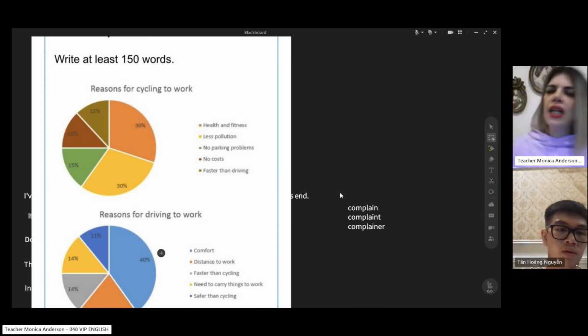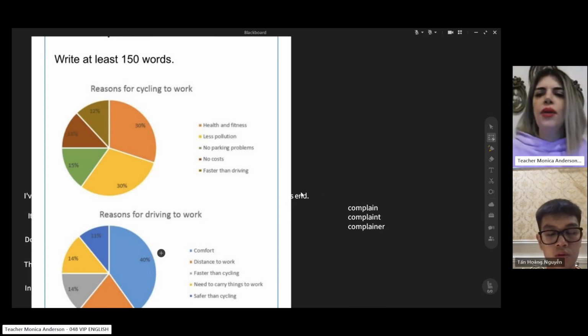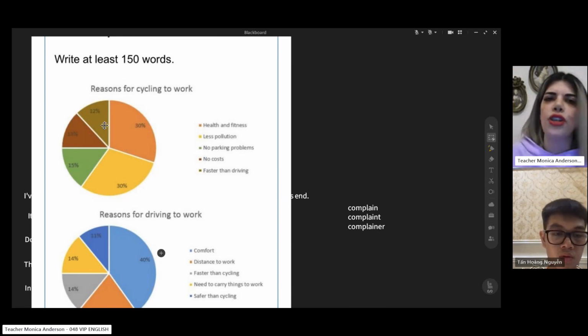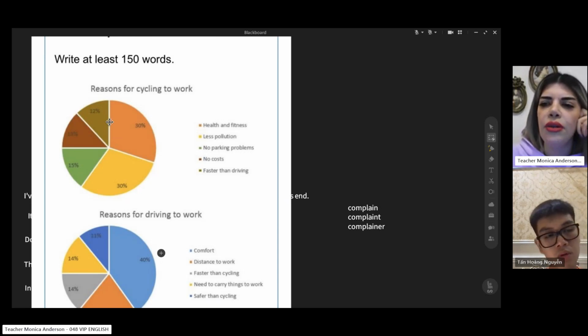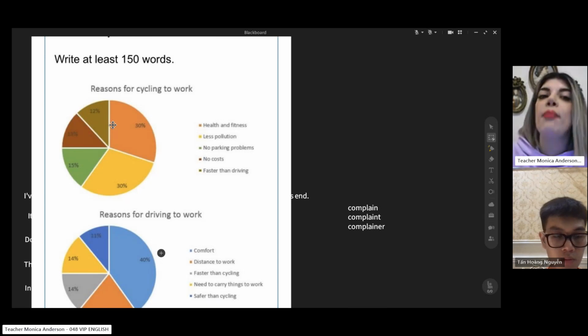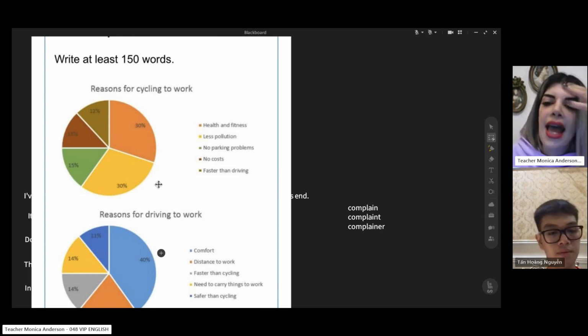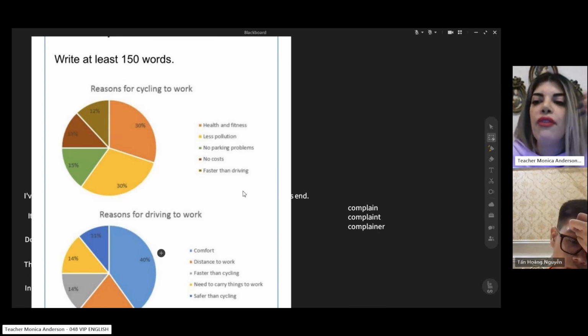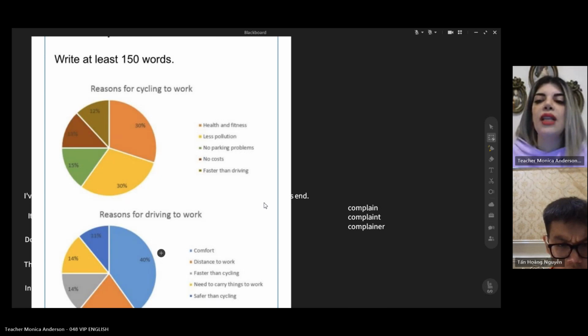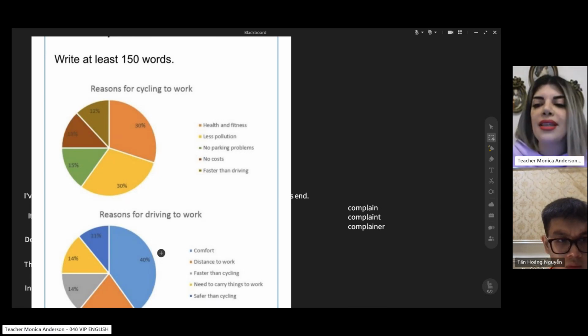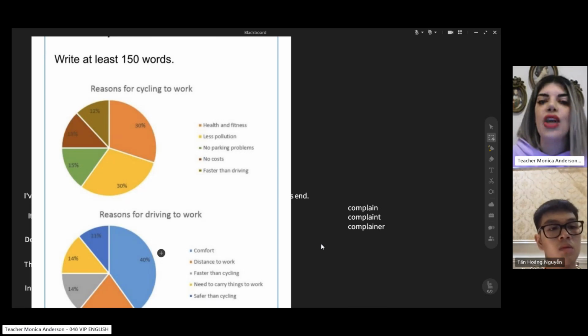For example, main features: we have the largest proportion of people who cycle to work for health and environmental reasons. As we talked, we have this feature. Main feature two, the highest percentage of people who drive to work because it's comfortable. And we have another main feature for an almost equal proportion of people, whose chosen method is the fastest.